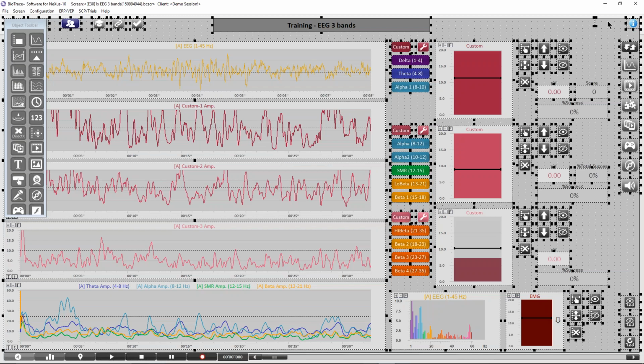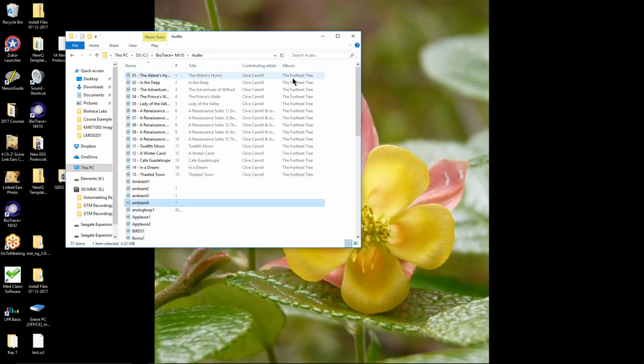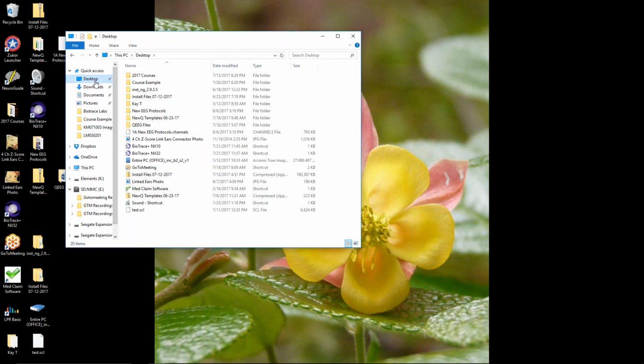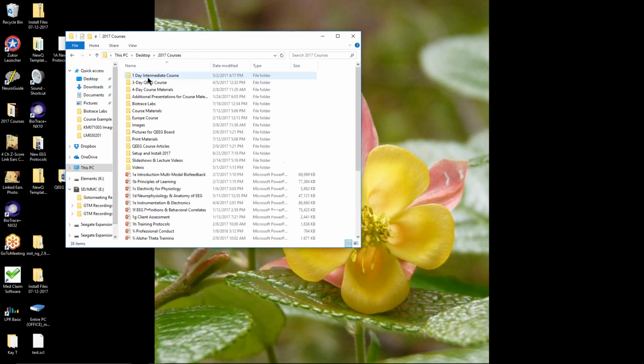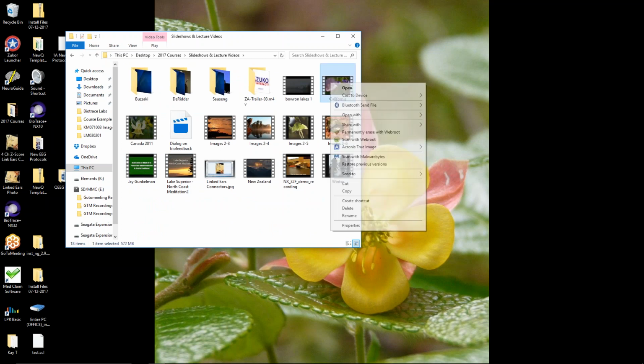So that's where I put in the audio files. And if I want to go into video files, I do the same thing. I find some video files, whatever video file, could be a movie, could be a slideshow that you've created, it could be just about anything.